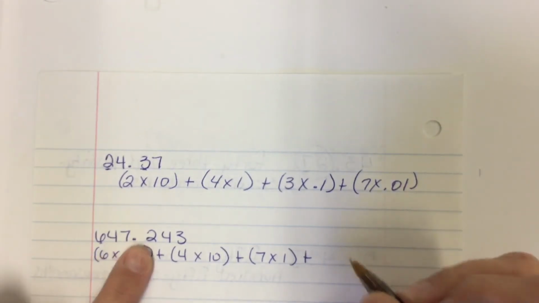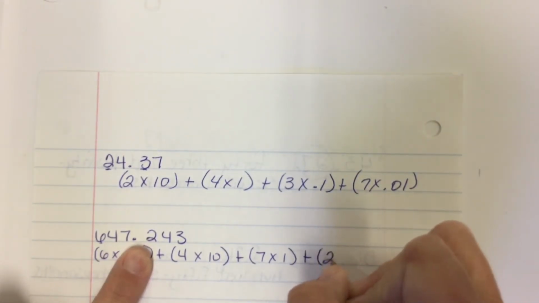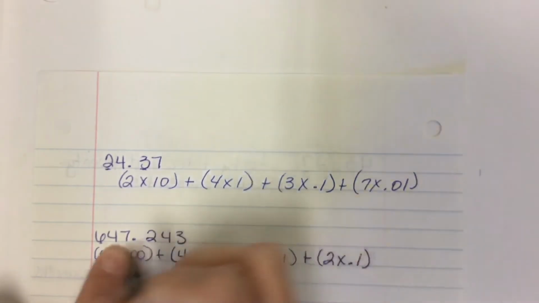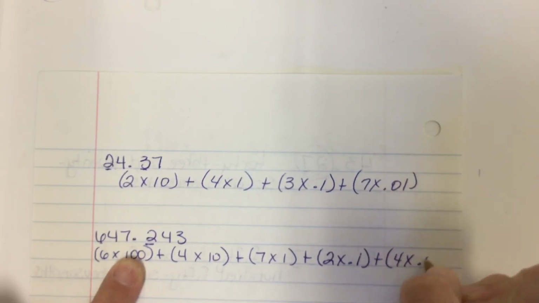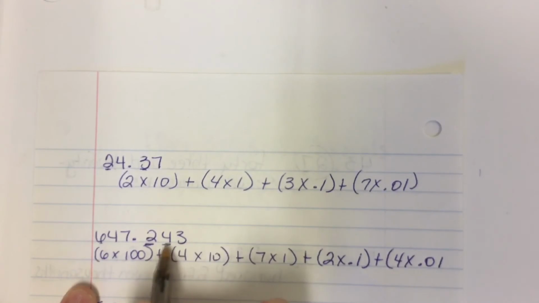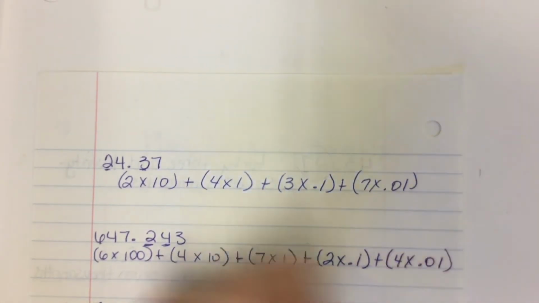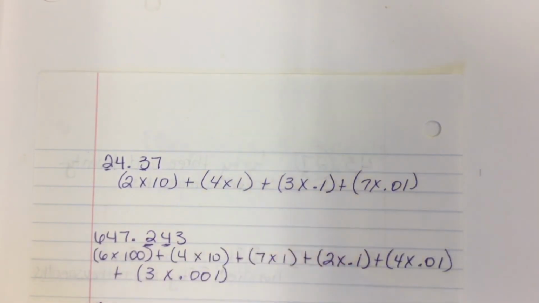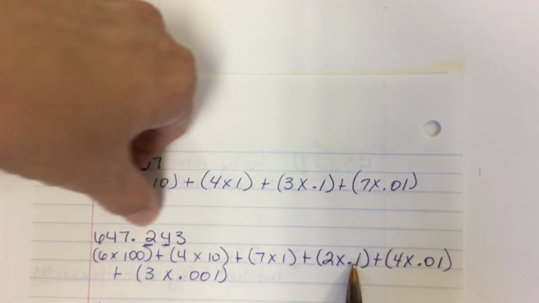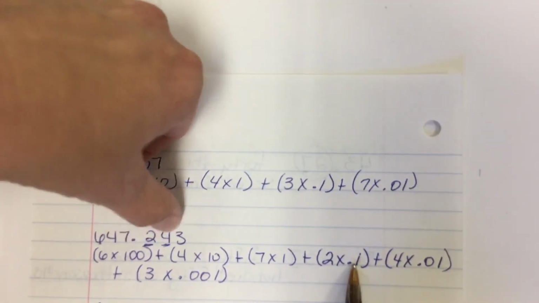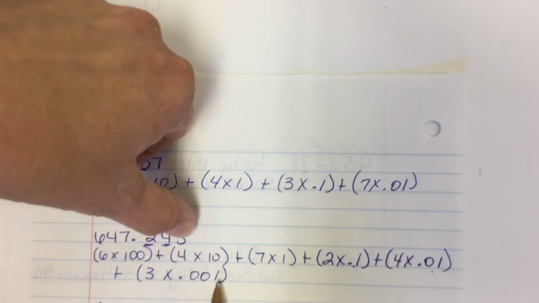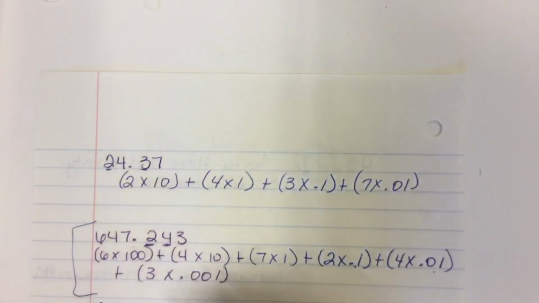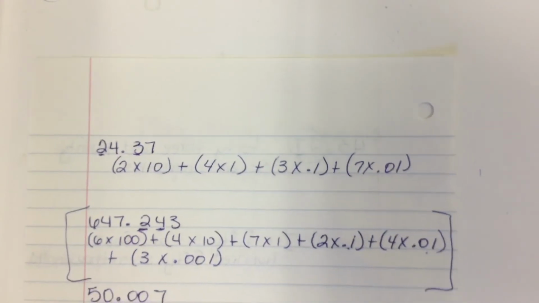All right, the 2 is in the tenths place, so you'd say plus 2 times 0.1, because it's the first number behind the decimal, plus 4 times 0.01, plus 3 times 0.001. So the first number behind the decimal is 0.1, the second number is 0.01, the third number is 0.001. All right, so this is expanded notation for a decimal.